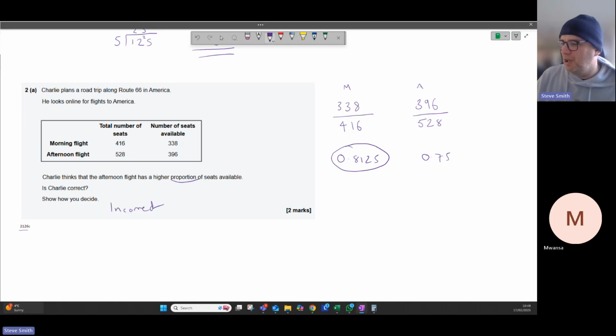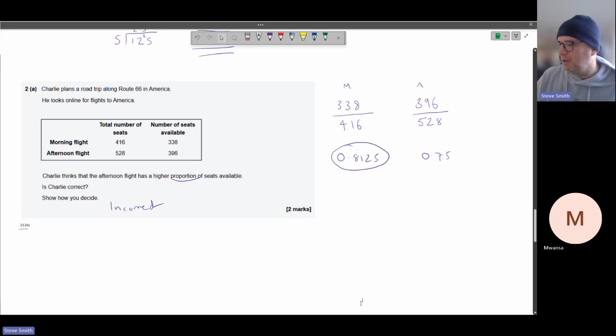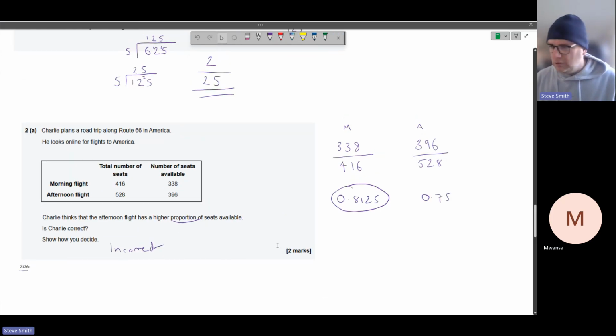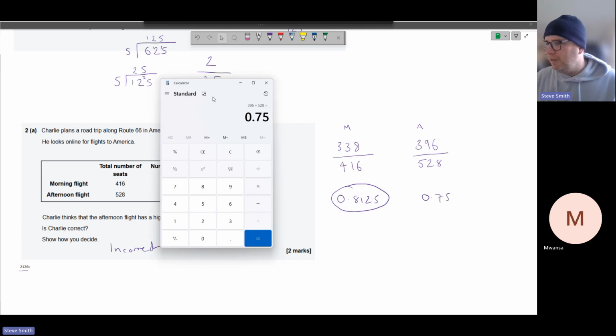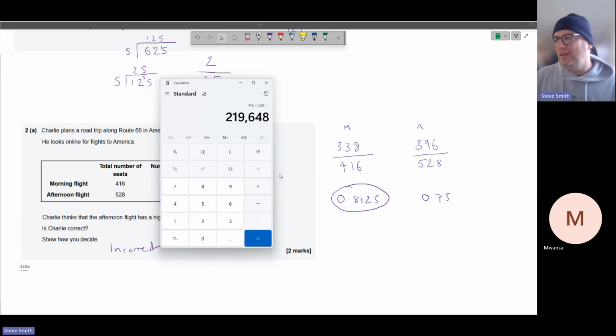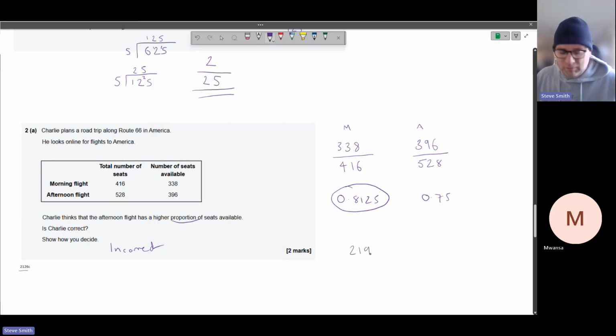If you had a calculator, you could definitely times them both together. 416 times 528 equals 219,648, which is just bizarre.